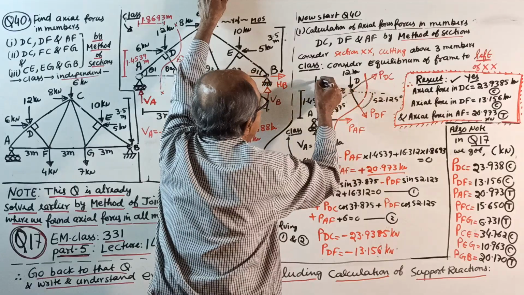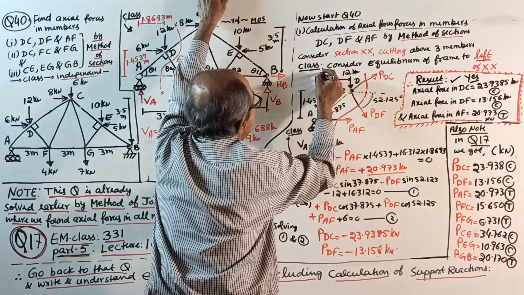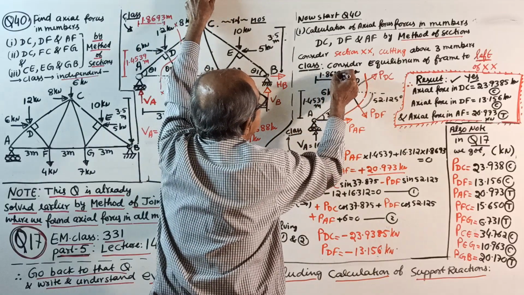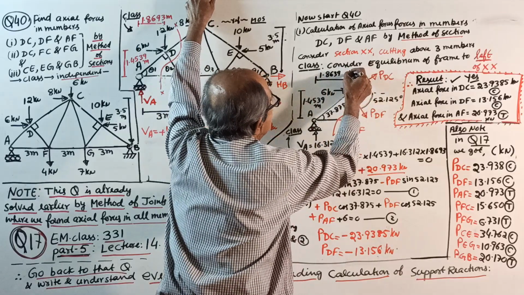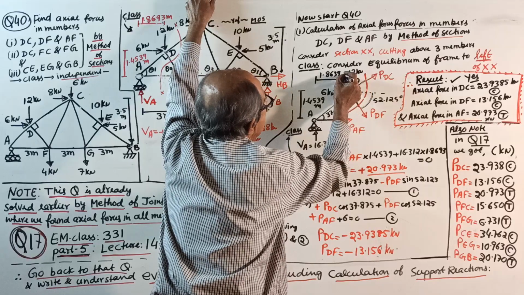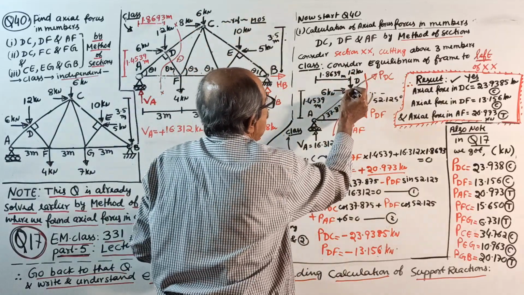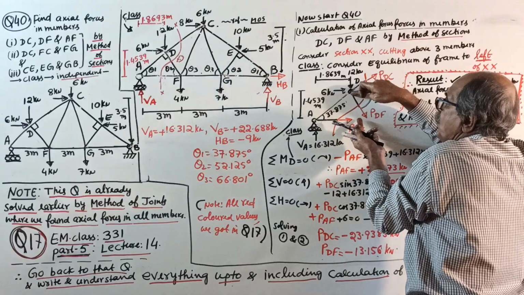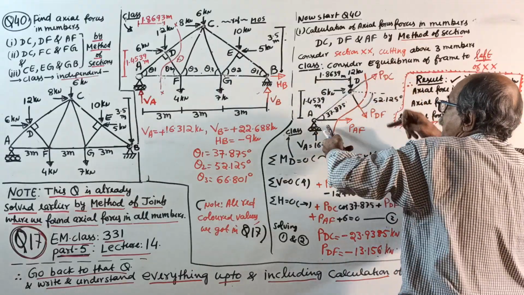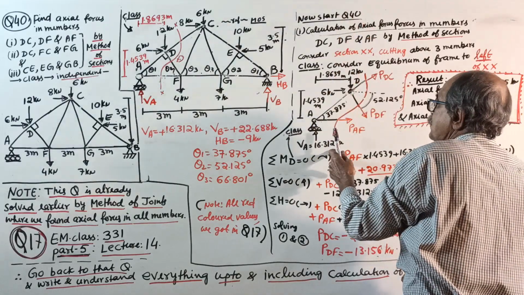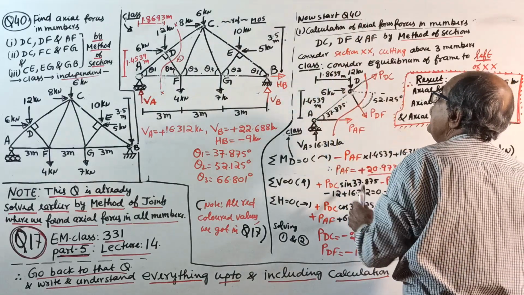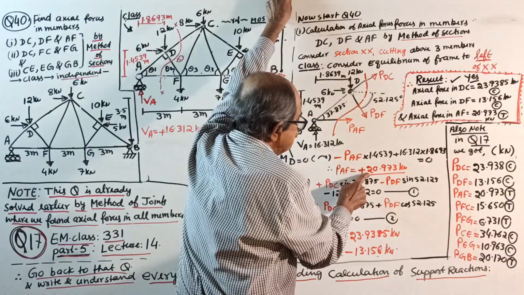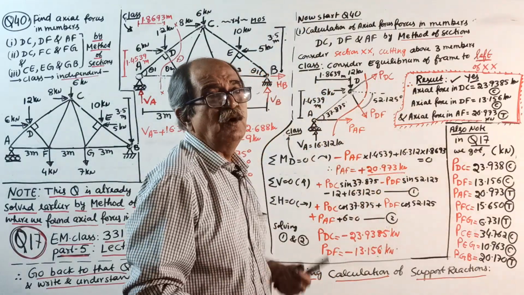This distance from here up to here is 1.8639 meter, a calculated value. Then 12 goes that side, 12 kilonewton. Therefore, taking moment about this point: minus PAF into height 1.4539 plus 16.312 into 1.8639 equals 0. You will get PAF equal to plus 20.973 kilonewton.